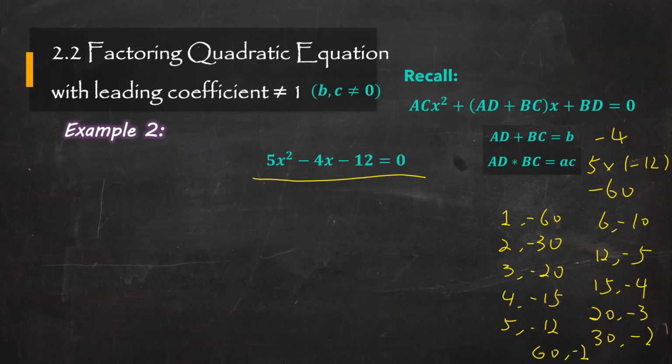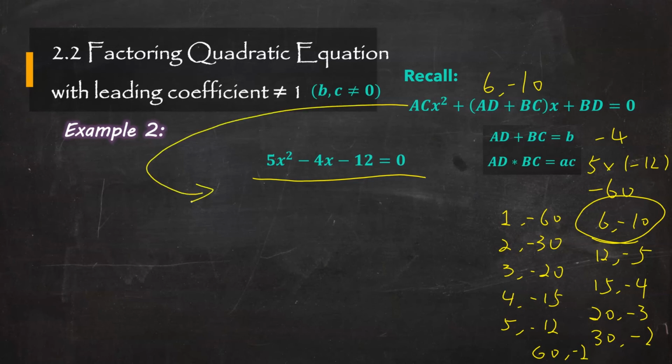So which two can satisfy the first equation? So it's going to be 6 plus -10 equals -4. Okay, so now we get one is 6 and the other one is -10. So now we write this expression down like 5x squared plus 6x minus 10x minus 12 equals 0.